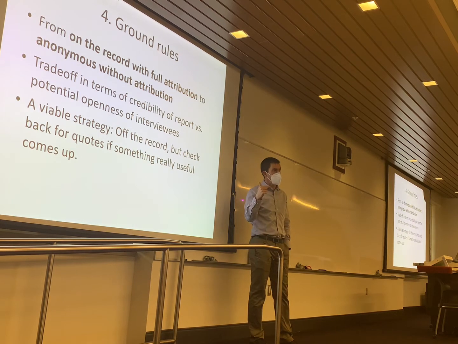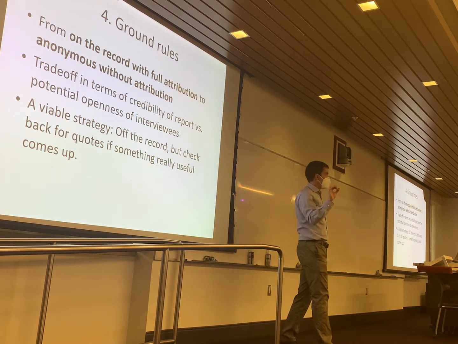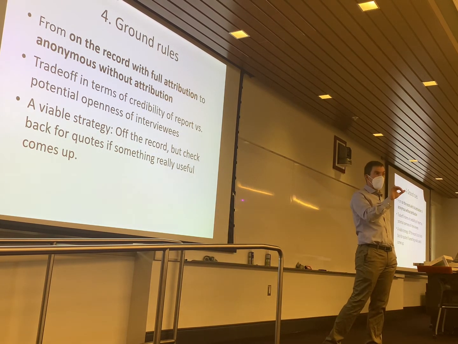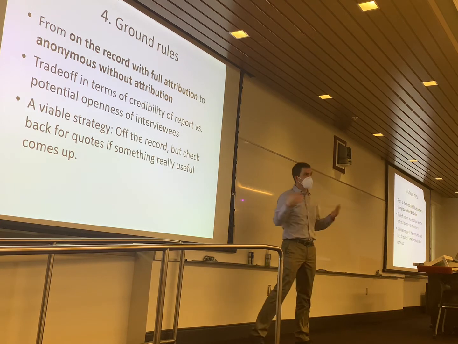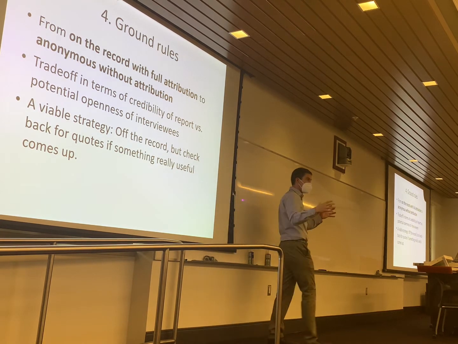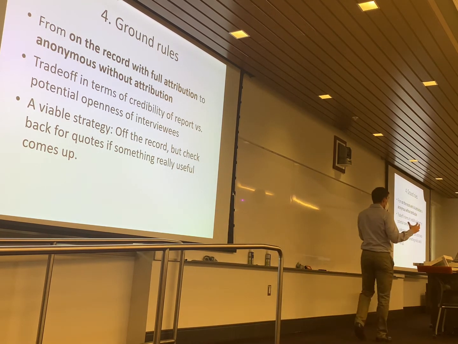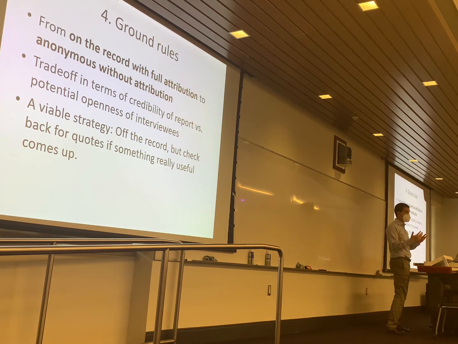Or potentially the reverse, where you tell them to say if they want to remove anything from the record as they speak. It's worth thinking about this and talking about it with your interviewee up front, and that's part of building a trustworthy relationship.